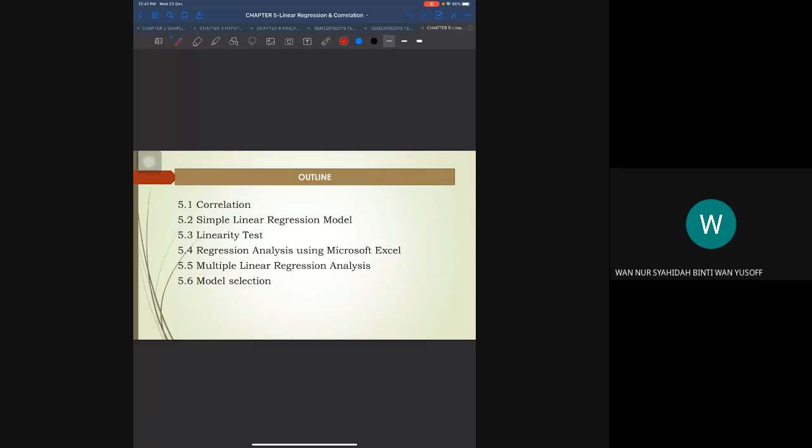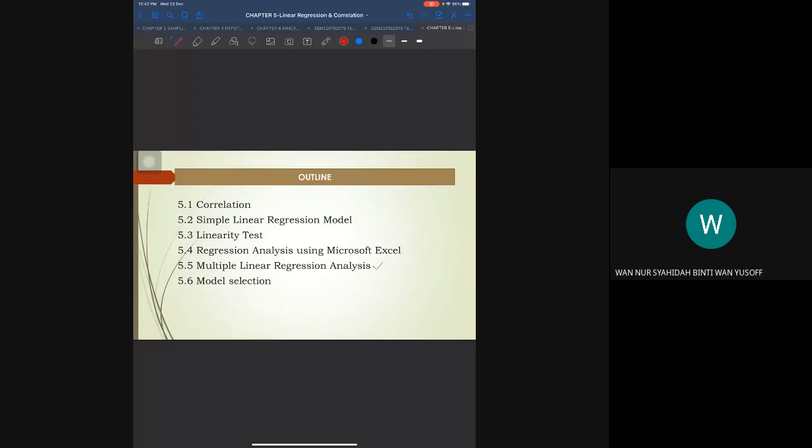Simple linear means you have only two variables, one independent and one dependent. Multiple linear regression means you have more than two variables.